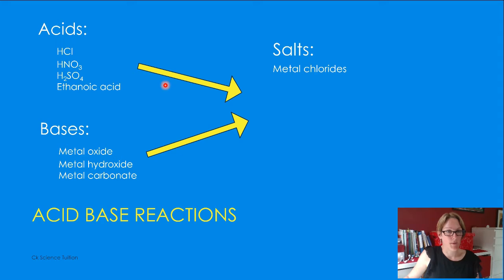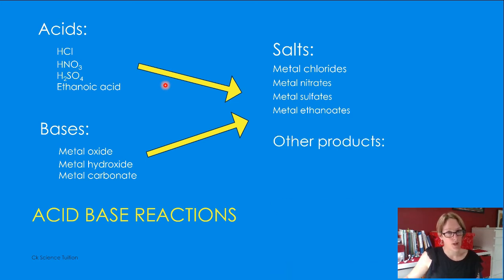If we react with hydrochloric acid, we get a chloride, a nitrate, or a sulfate, depending on the acid. If we react a base with ethanoic acid, we make metal ethanoates. So it's the same idea. We've taken off the ic, like nitric becomes nitrate, so ethanoic becomes ethanoate. That's how we name the salts from organic acids.